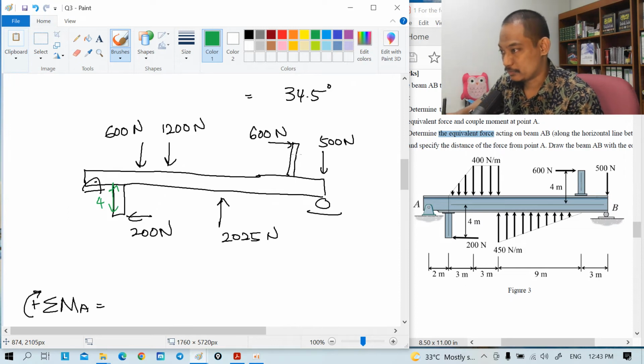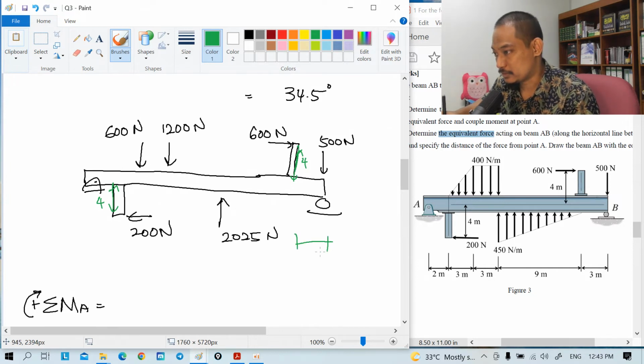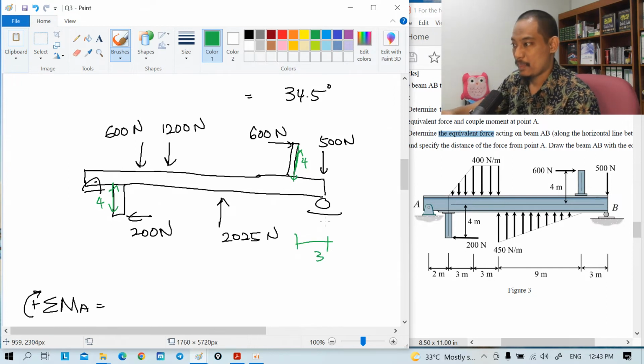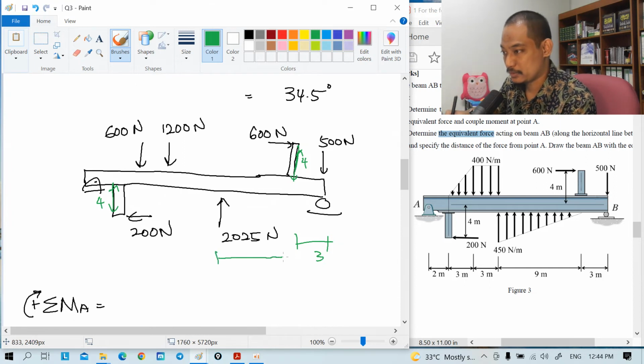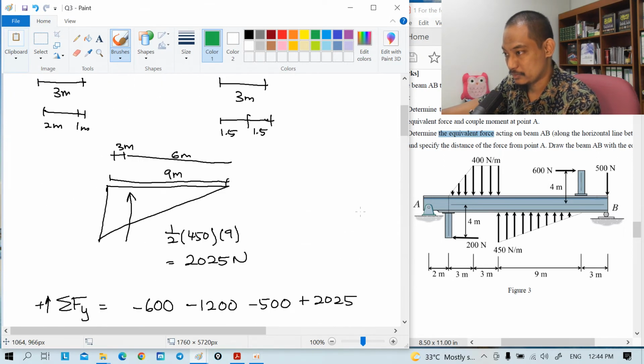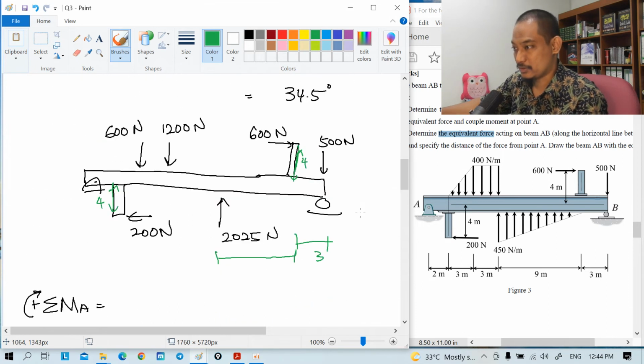No problem, this is 4 as well. This is 3. And then this is, is it 6? Where is my mouse? 6 meter, right? So that is 6 meter.